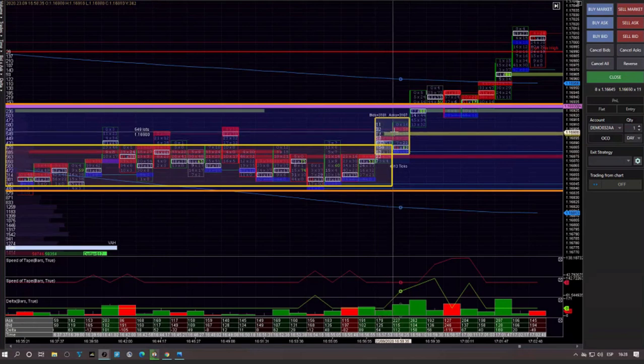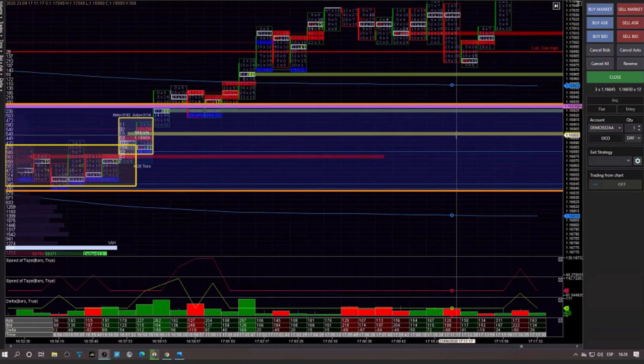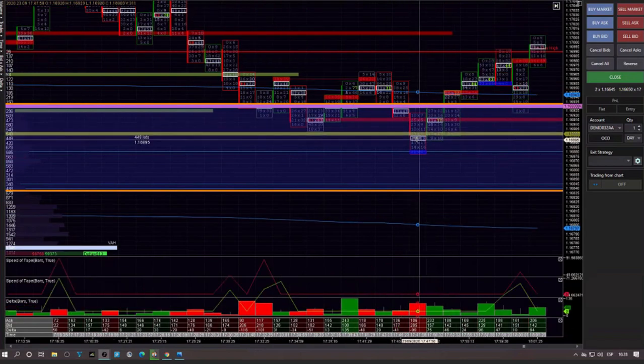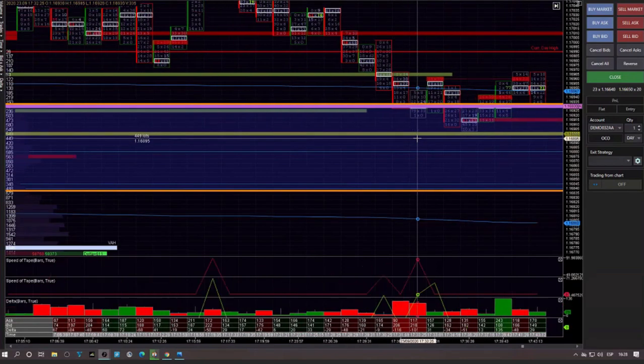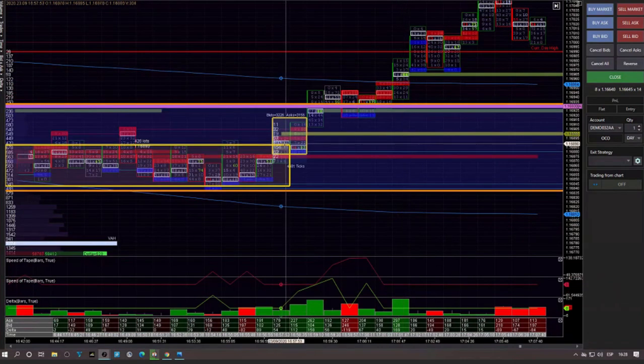So that's why I put this yellow line here, and it actually traded pretty nicely. You can see the volume right below my yellow line again, just one tick about the volume on the breakout. Okay, this is not coincidence. This happens all the time, all the time.